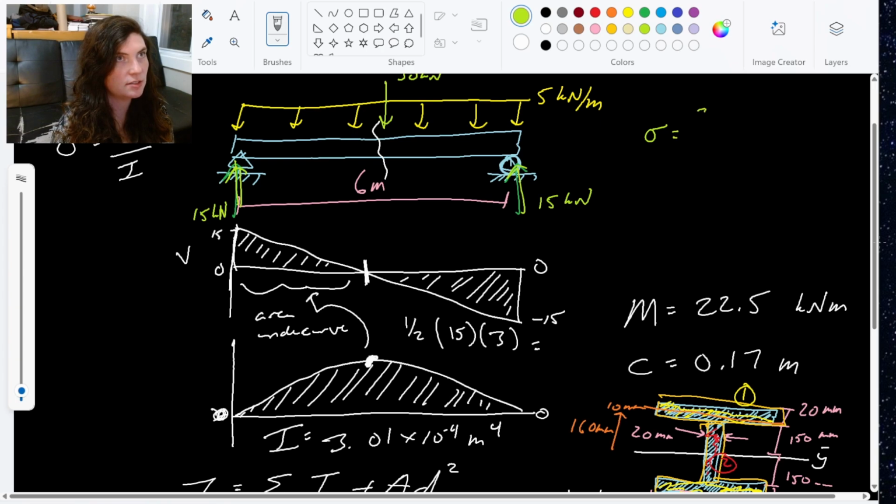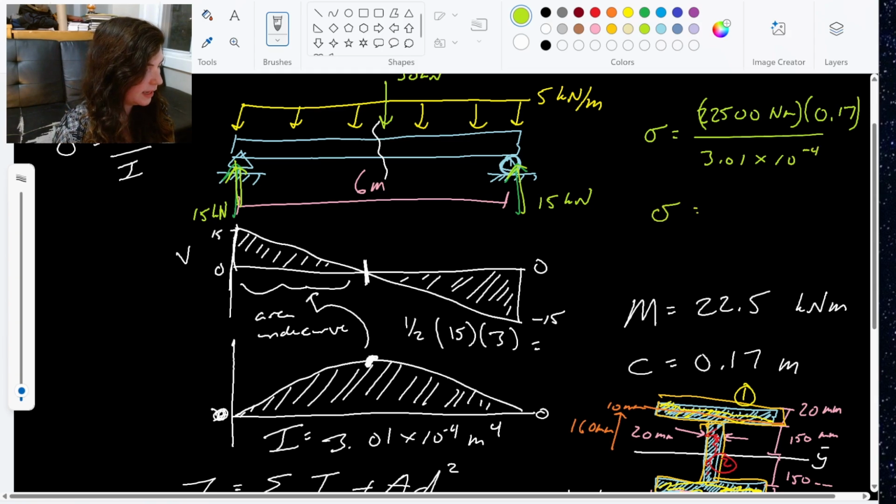stress is 22, I'm going to convert this 22 kilonewtons per meter to be 22,500 Newton meters times C, 0.17 over that moment of inertia we just found, 3.01 times 10 to the negative fourth.